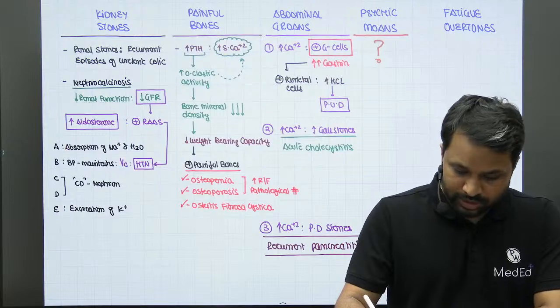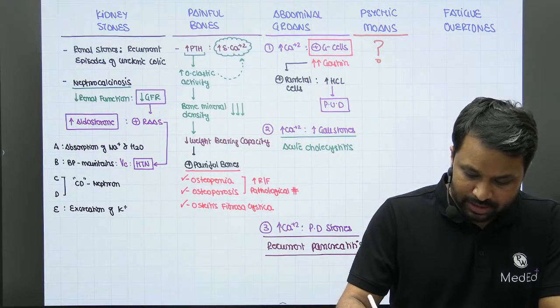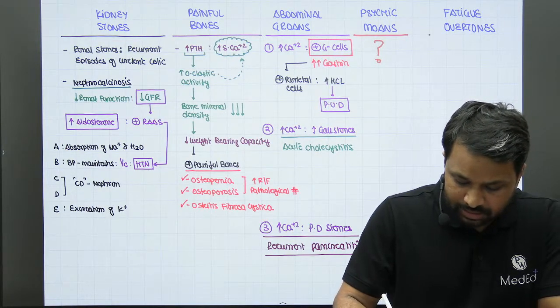Fatigue overtones, it is usually secondary to proximal muscle neuropathy, secondary to hypercalcemia.